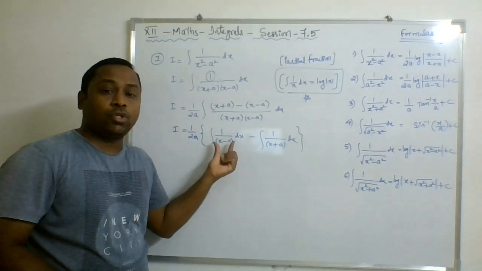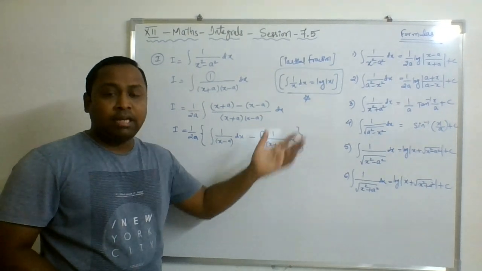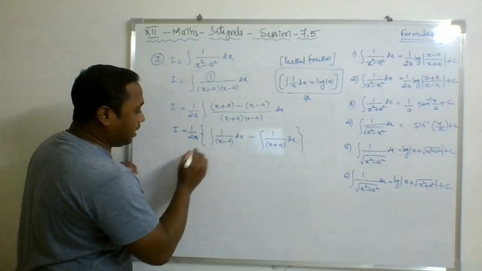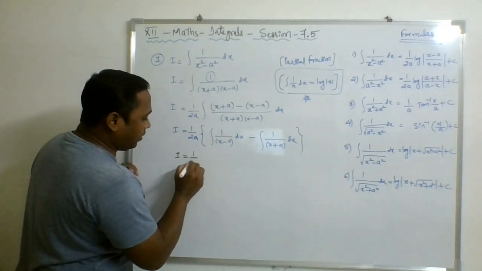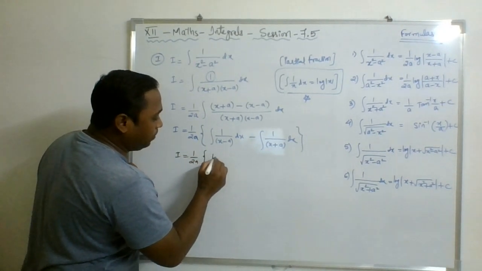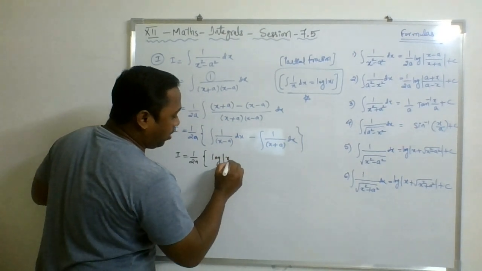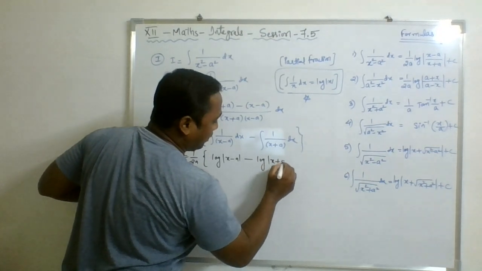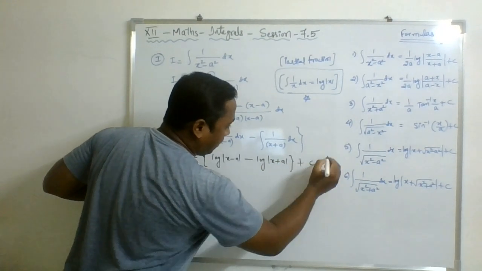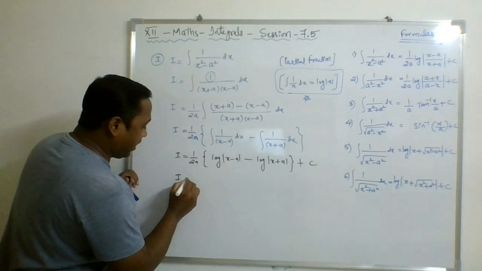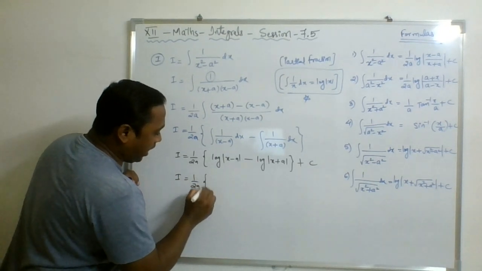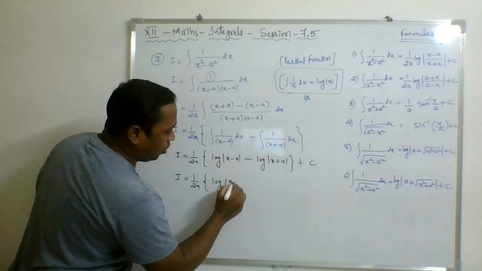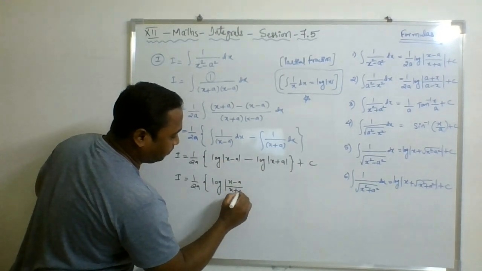But if the derivative is not coming in that way, then the next step will be the substitution technique. For now, here we can directly apply it. So I is equal to 1 by 2a into log of modulus x minus a minus log of modulus x plus a, plus c. It reduces to log m minus log n, which is log m by n.